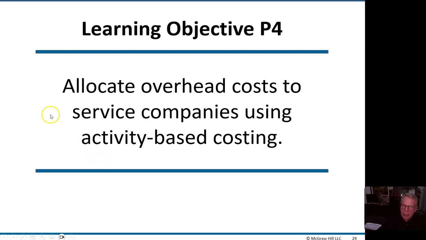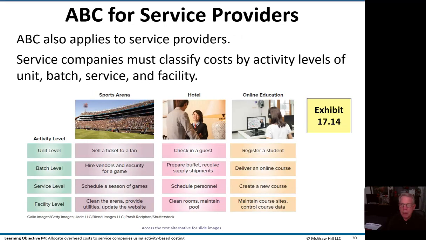So when we allocate overhead costs to service companies using activity-based costing, this would make sense for service companies too. So here, ABC applies to service providers. Service companies must or should classify costs by activity levels of unit, batch, service, and facility.